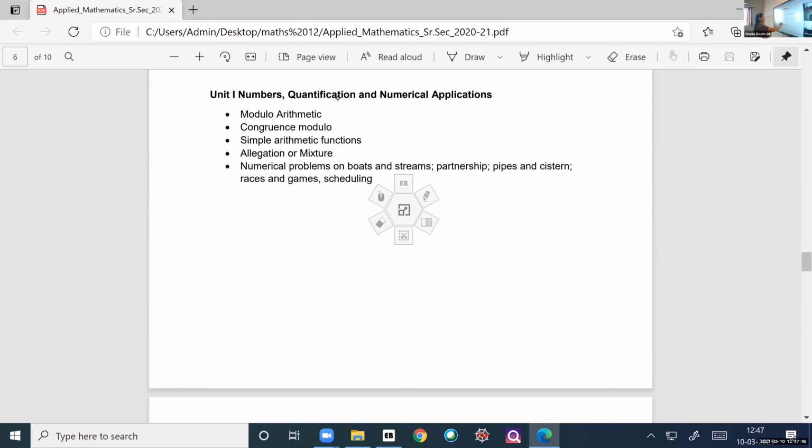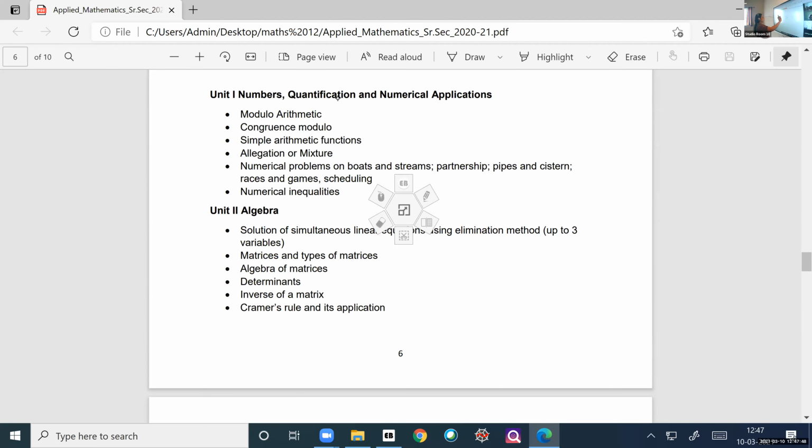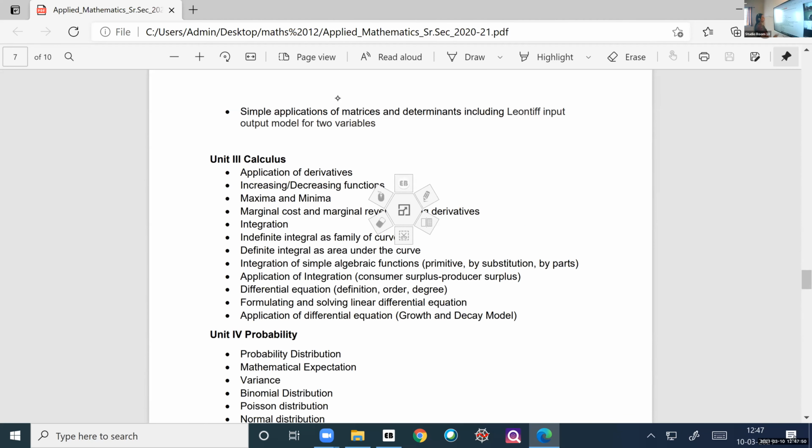So actually we started with unit 3. In unit 3, look here: application of derivatives, increasing and decreasing functions, maxima, minima, marginal cost, revenue cost, integration, indefinite integrals, indefinite integrals as family of curves, and definite integrals.